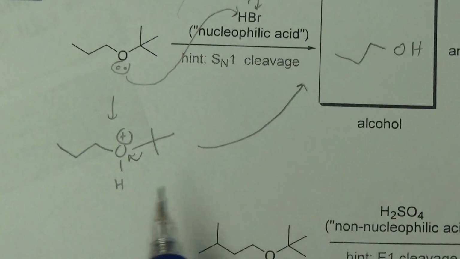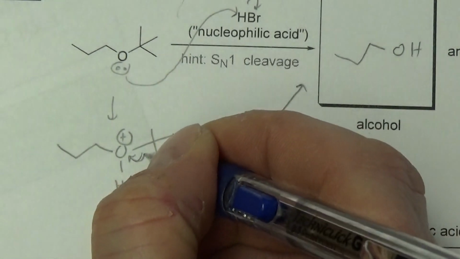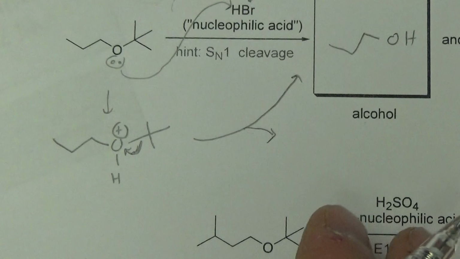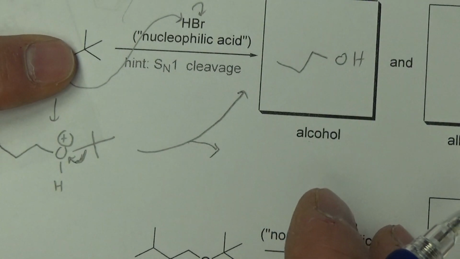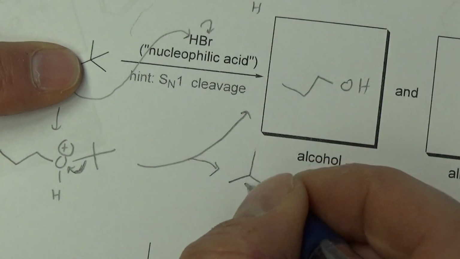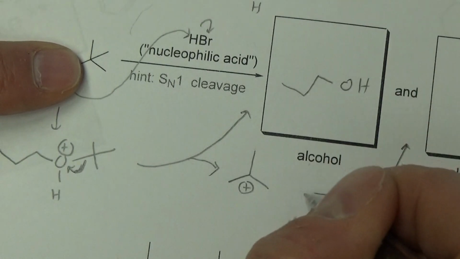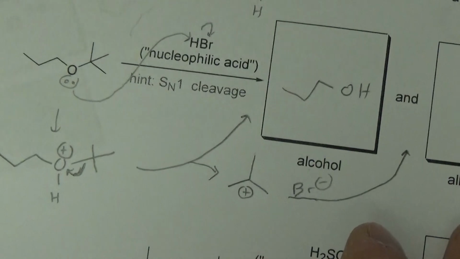And then what happens to the other piece? What forms? How many carbon piece? 4 carbon piece, and it's a carbocation, a tertiary carbocation. And then Br minus attacks that. And what forms?